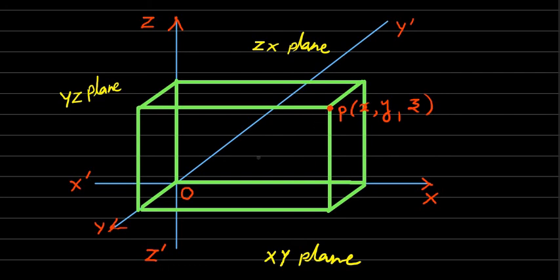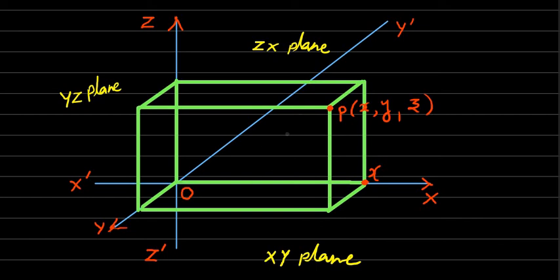Then x is nothing but this much distance. Which distance? From the point P we have drawn this plane. That plane is perpendicular to the x-axis. Then this intersection point is obviously x. Coordinates of this point will be x, 0, 0.